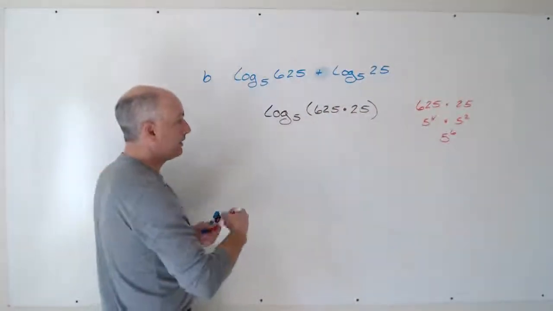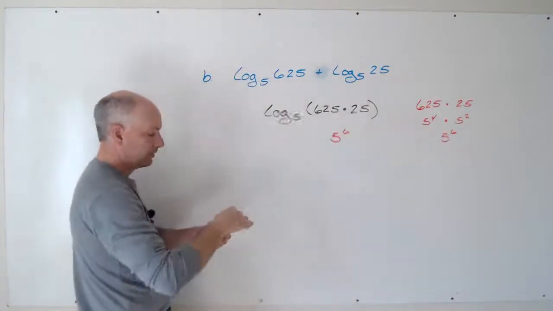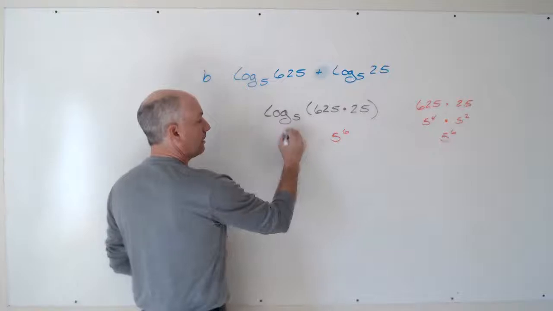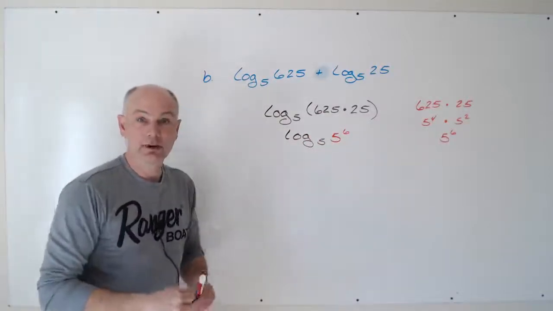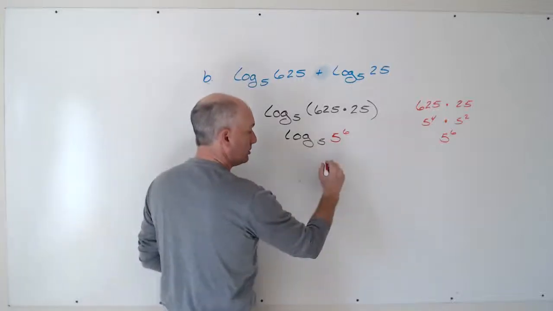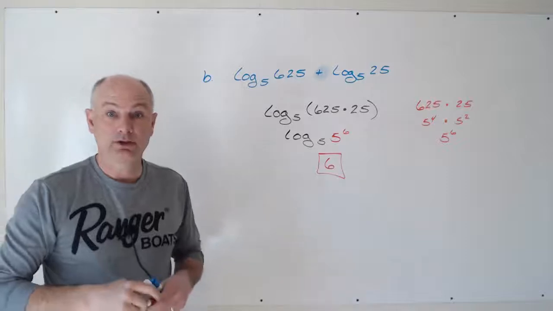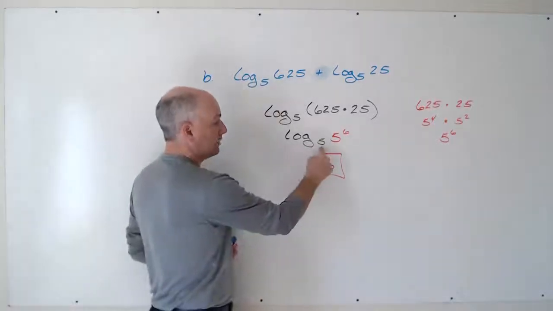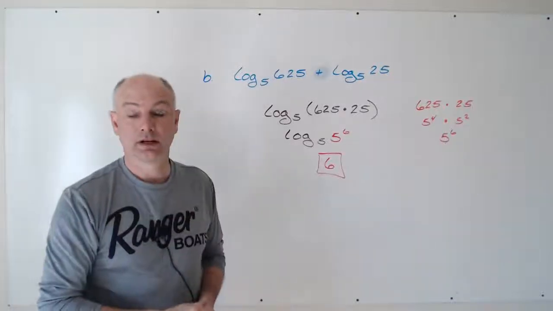So I could rewrite this now using 5 to the sixth power, and I'm just taking log base 5 of 5 to the sixth power, which is then just 6 by that power property that you've seen already. Log base 5 of the 5 to the sixth power is just the 6.